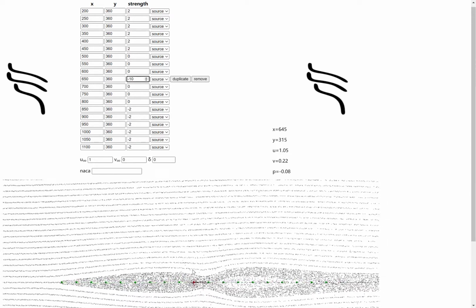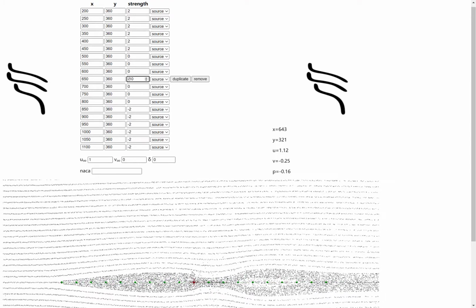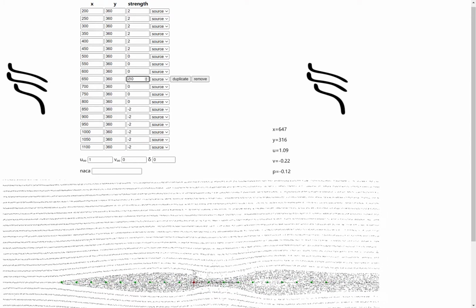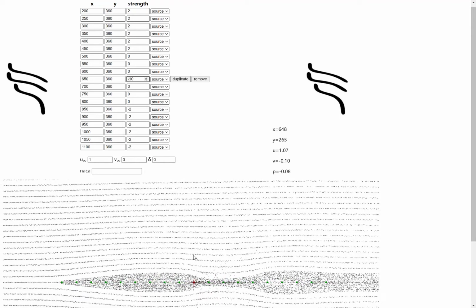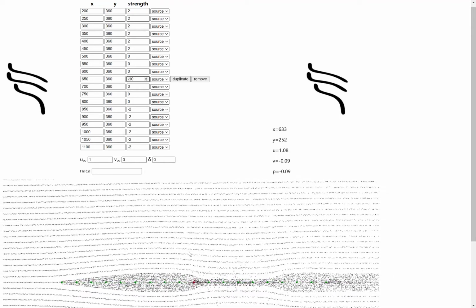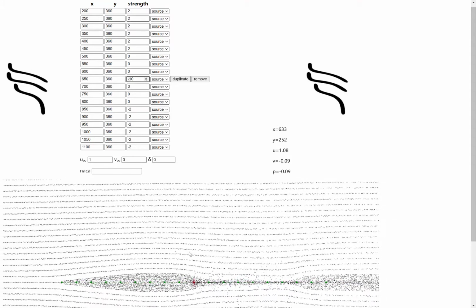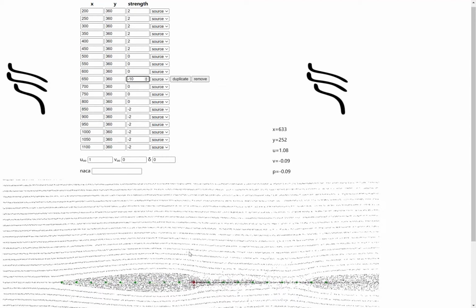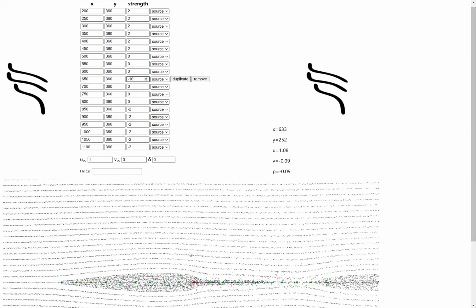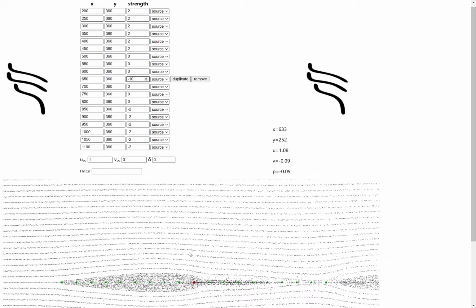The v velocity is going to be negative, and that means the flow always has to be tangential to the airfoil, so the airfoil thins out at that location. Okay, any questions?